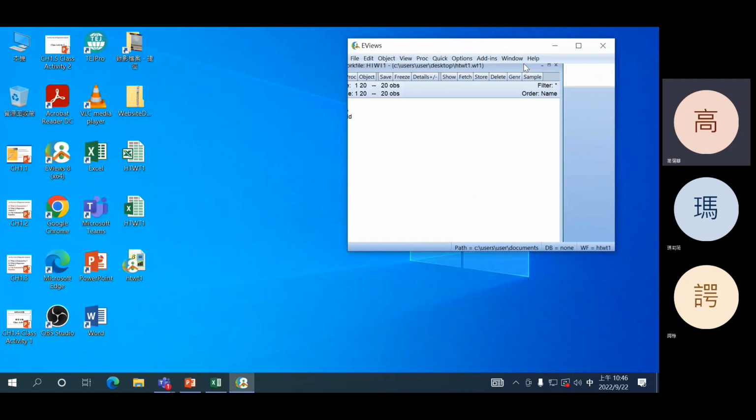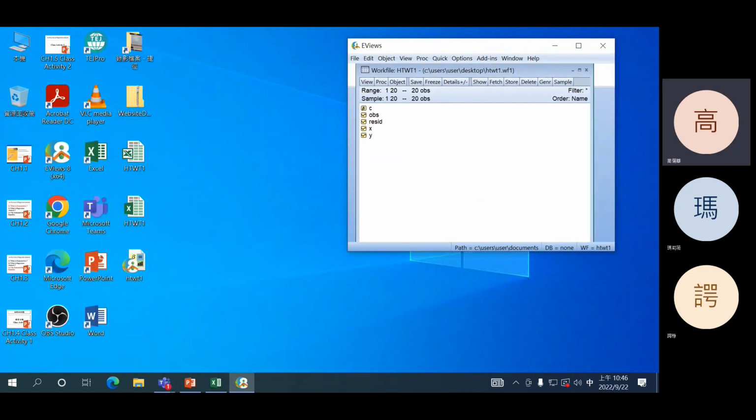Then how do I use EViews to predict? Look at this one carefully. If you don't know how to use EViews, maybe some of you already know how to do it. Always hit the Y variable first.